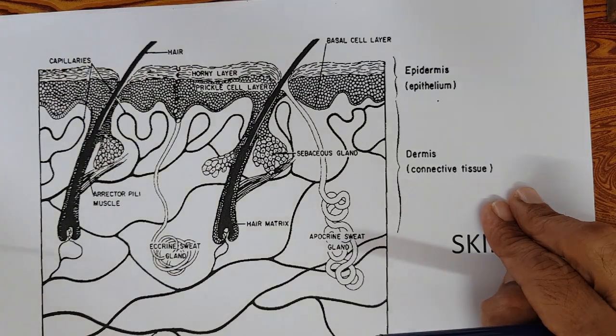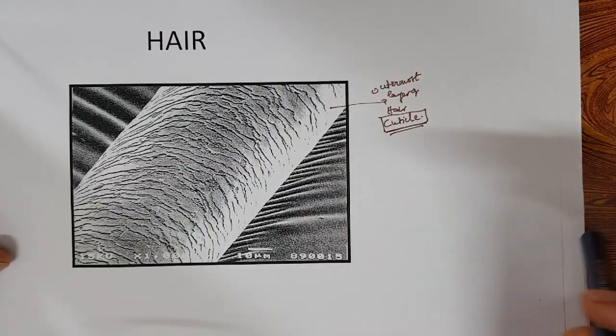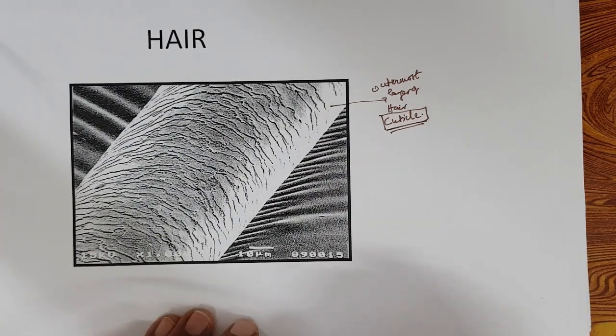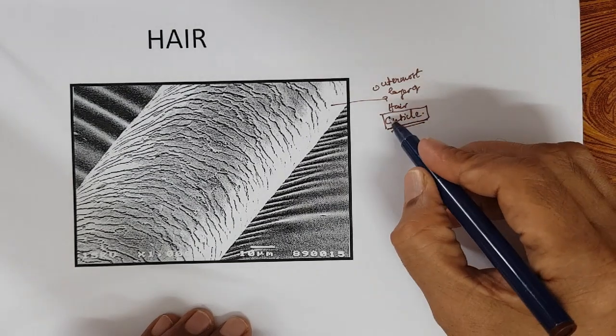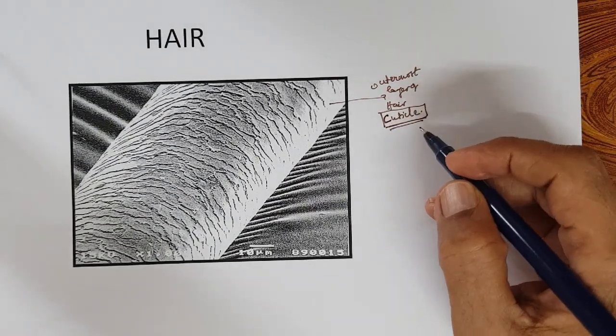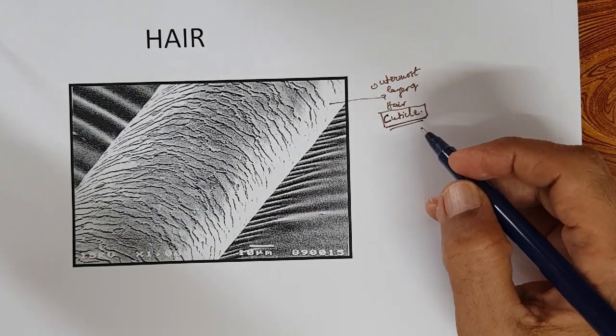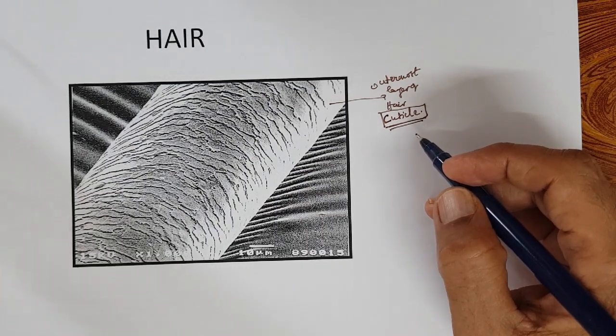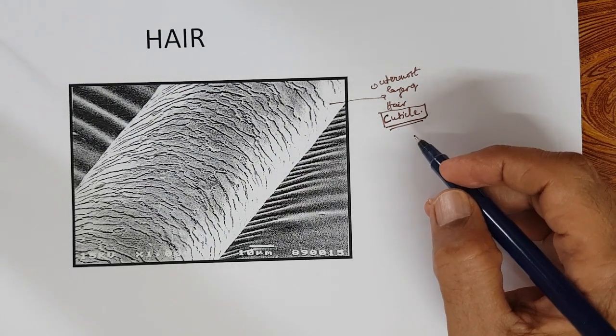This is a picture of hair. The outermost layer of the hair, the cuticle, right? Emollients, especially silicones from conditioners and shampoos, are used as an emollient in hair care to smoothen the cuticle and to give a smooth feel to the hair.